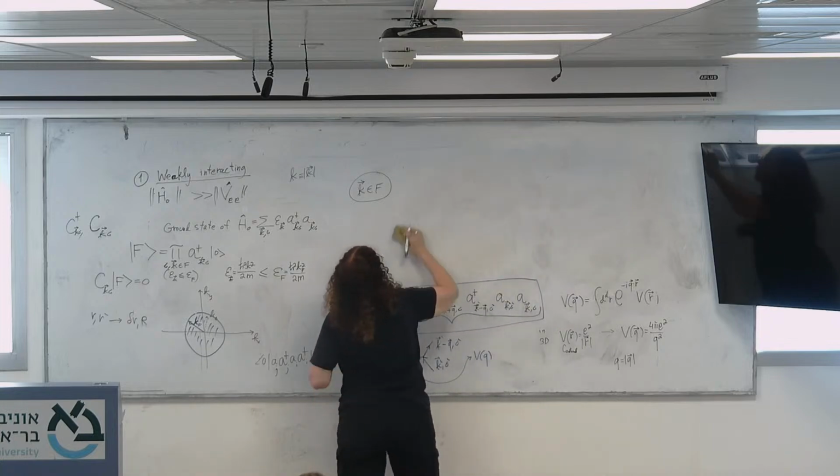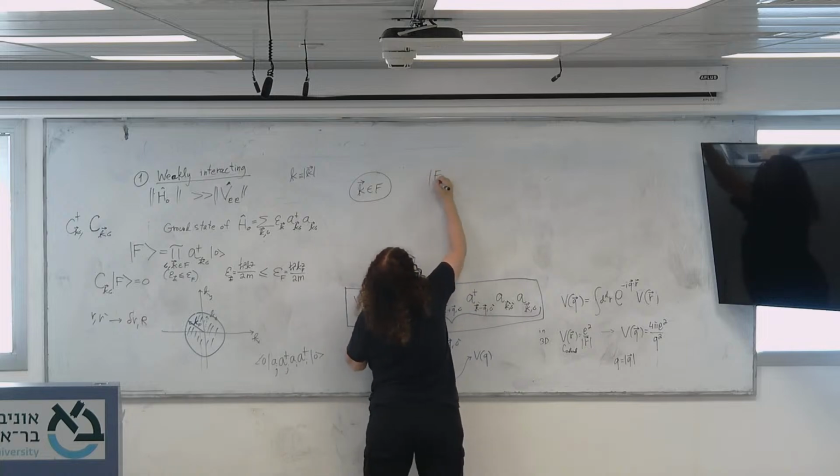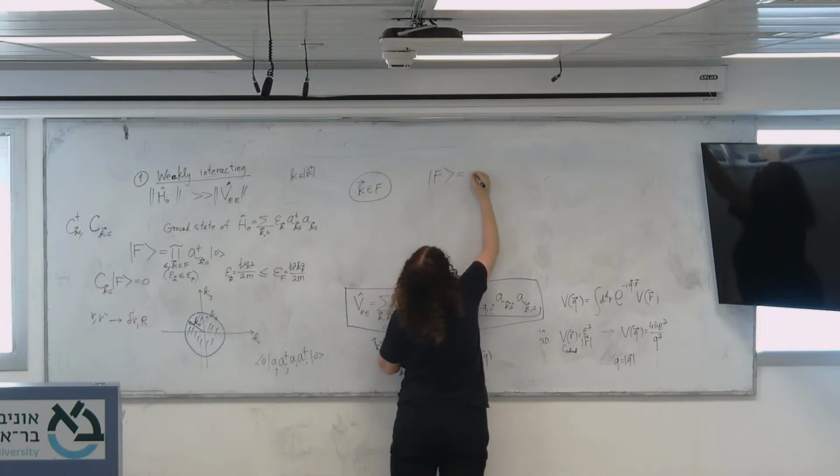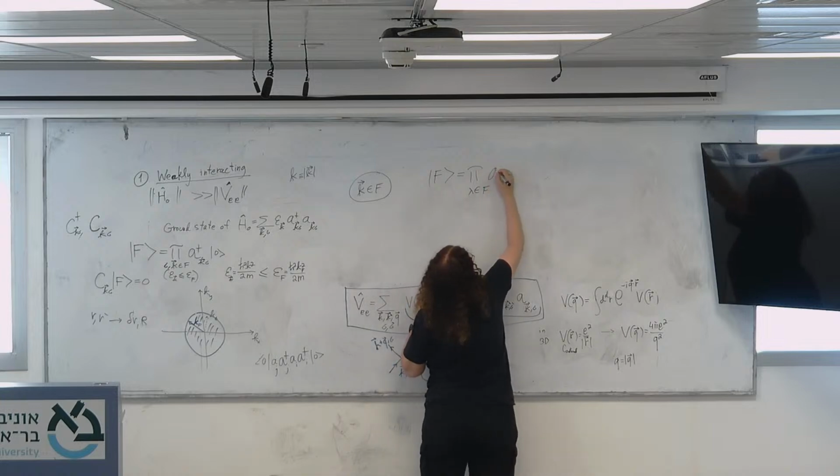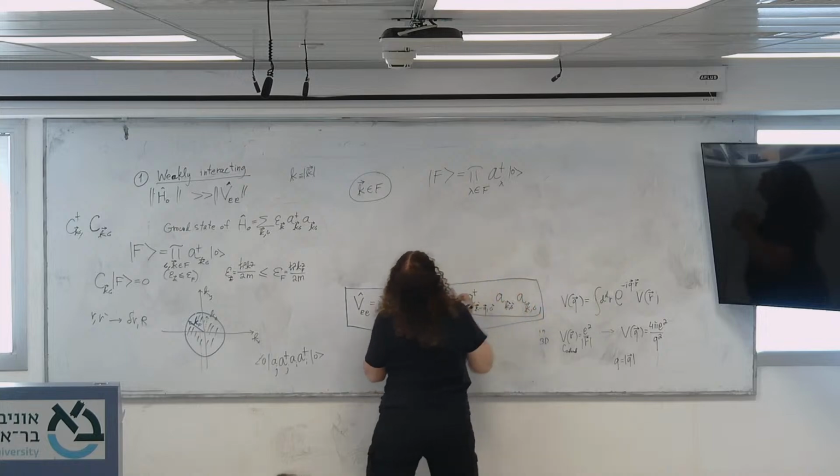So I have a state, a Fermi sea, that I write as a product over lambda belonging to F of a lambda dagger. Okay?